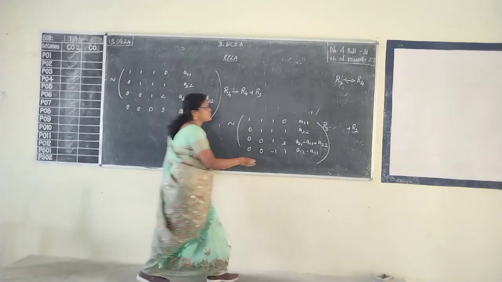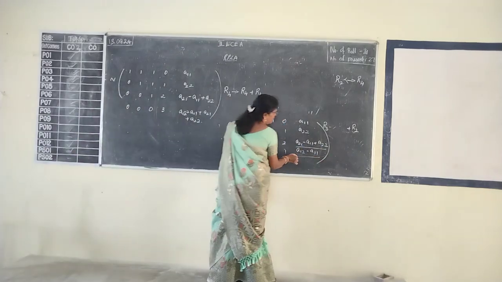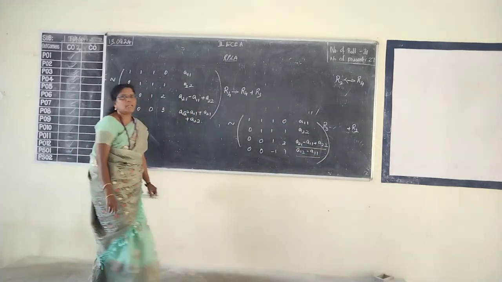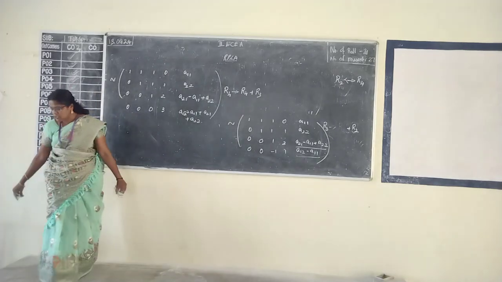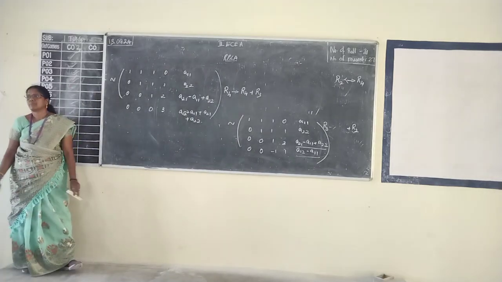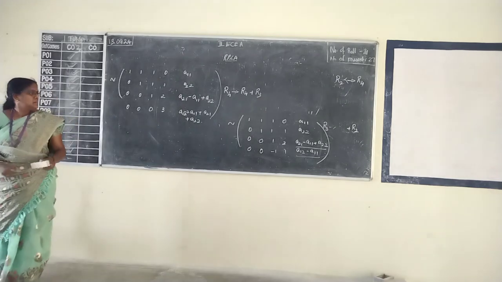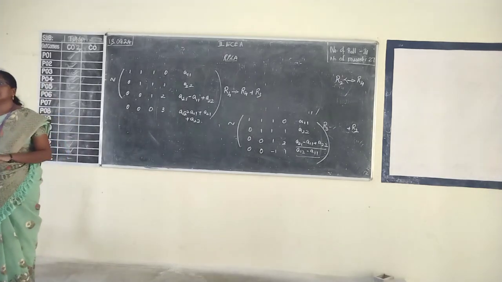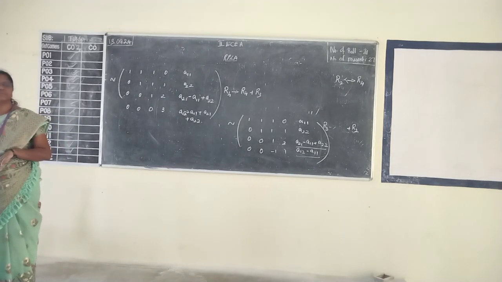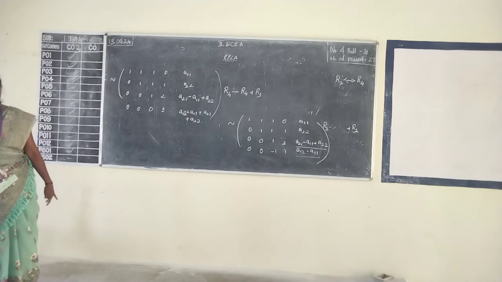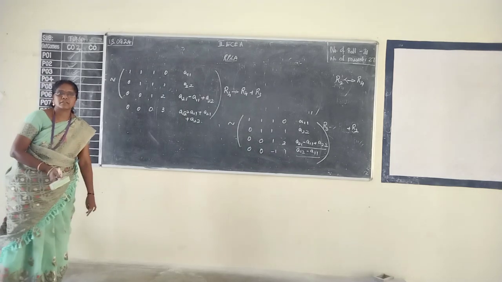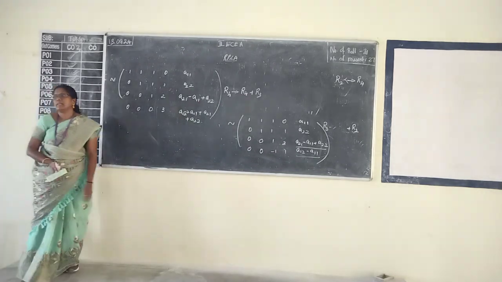We just have to add these two. a11 is appearing twice, so we are writing it as minus 2 times a11. Yes? Read it out so far.